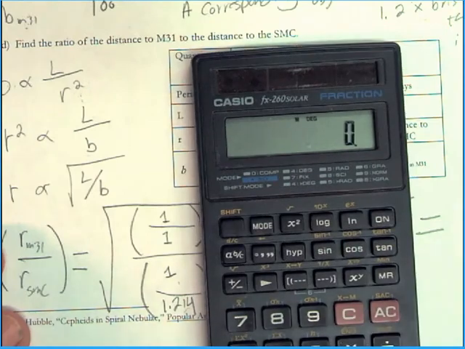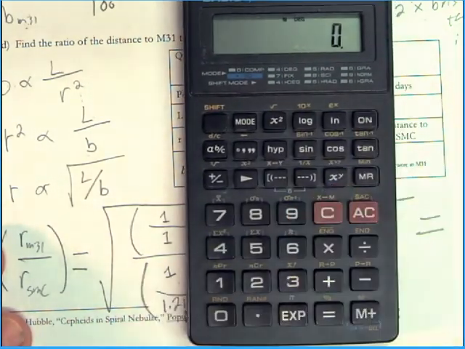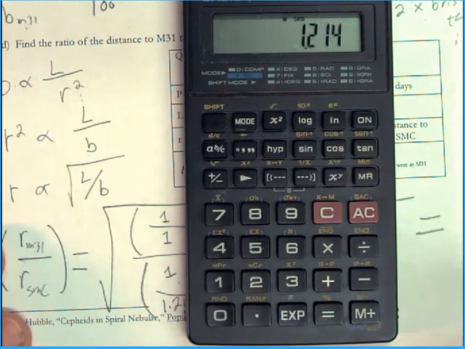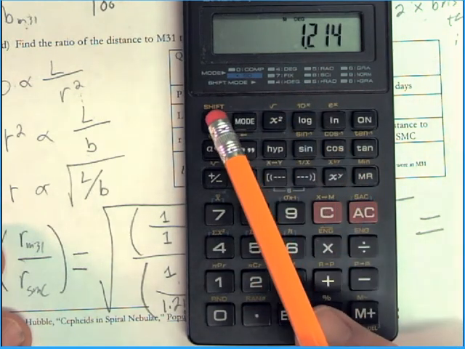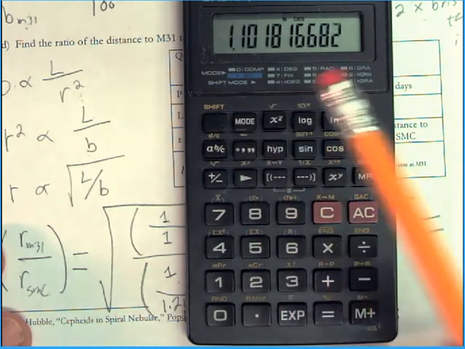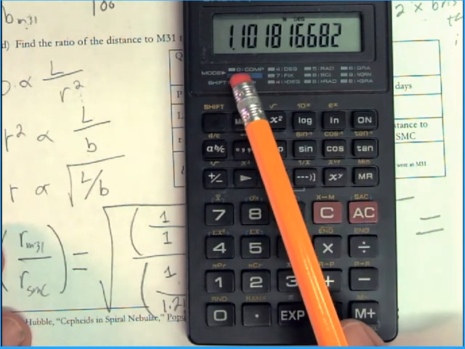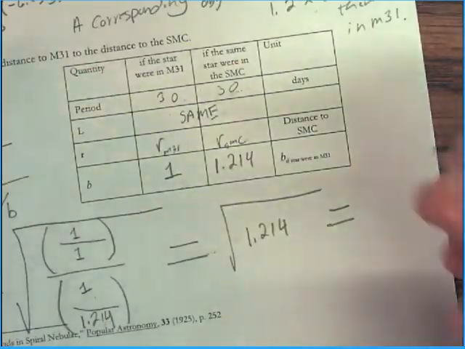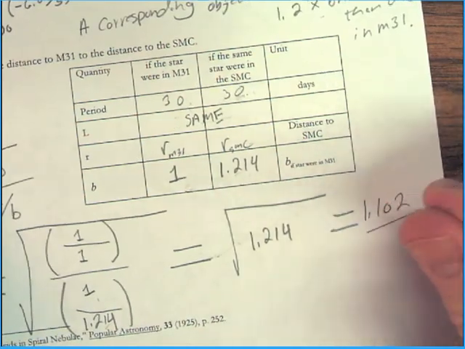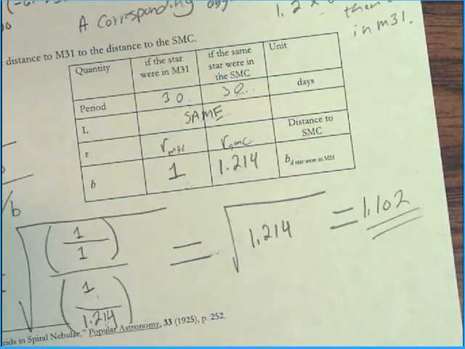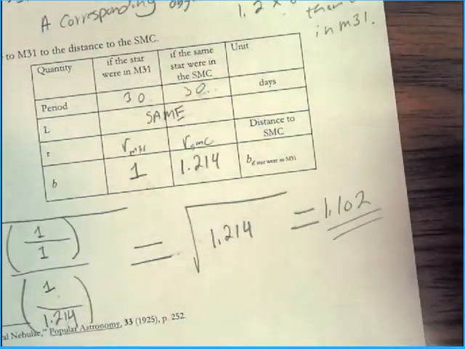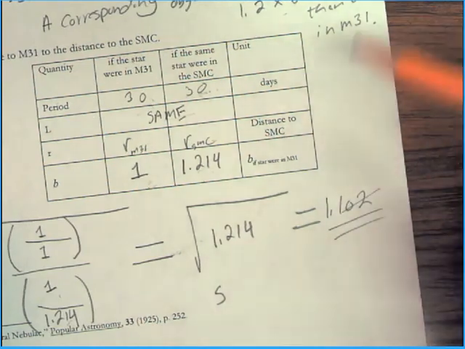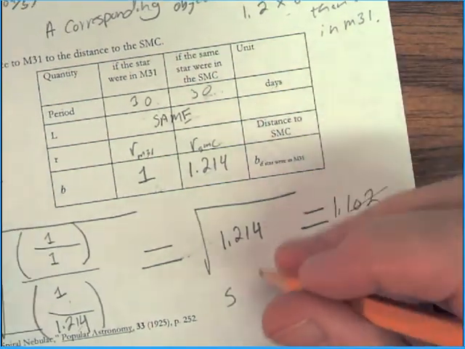So clear, 1.214, and now we're going to take the square root. We get 1.102. And then we only know this to basically a couple of digits.